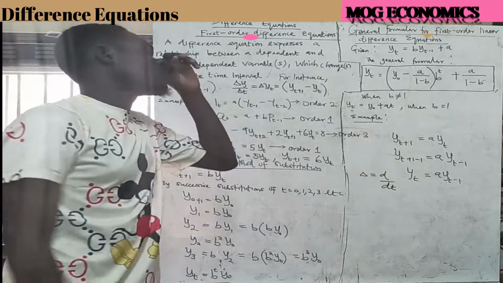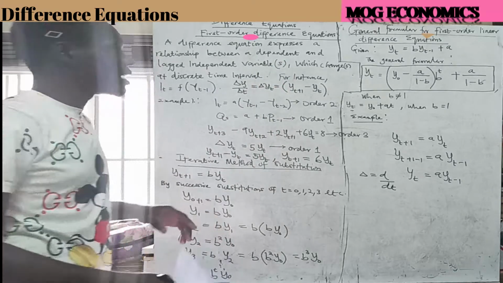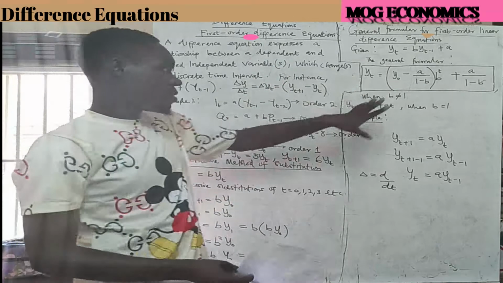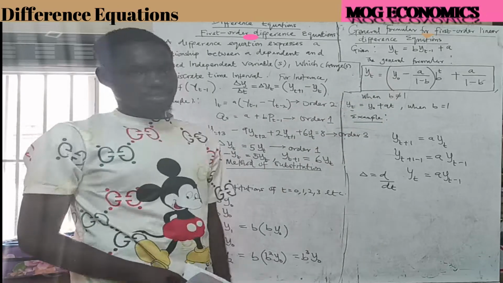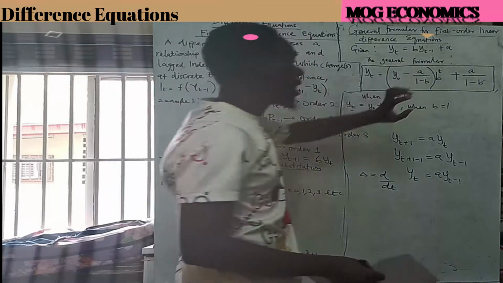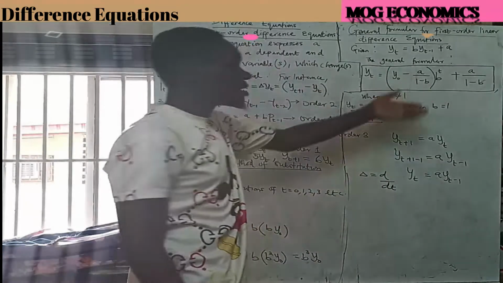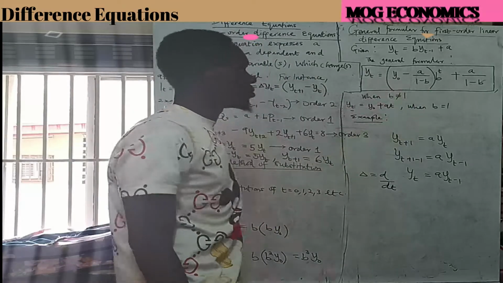So now let's move on to the general formula for the first order linear difference equation. At this point, I don't want us to really bother about the proof of this, but you just have to know this formula by heart, which is the general formula for the first order linear difference equation.